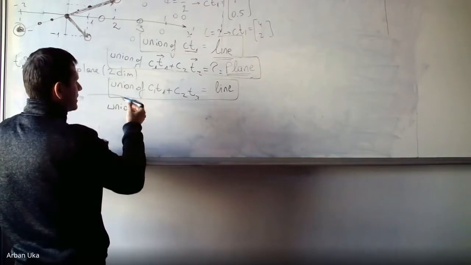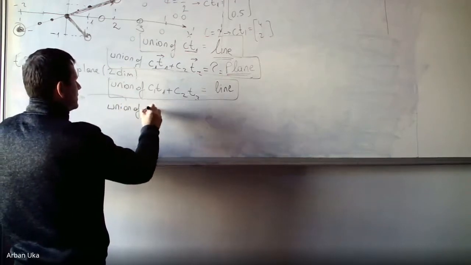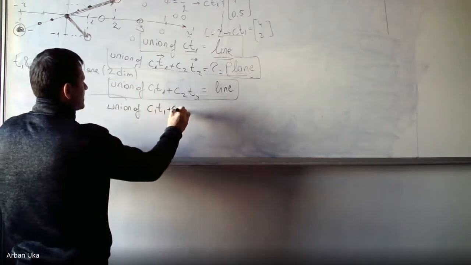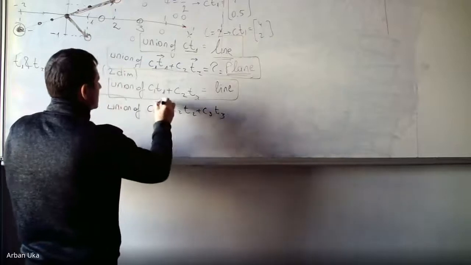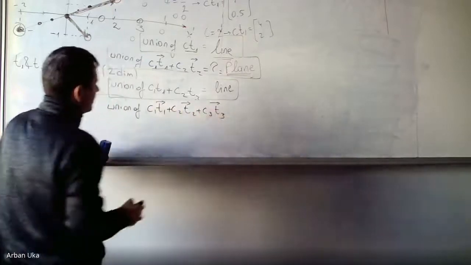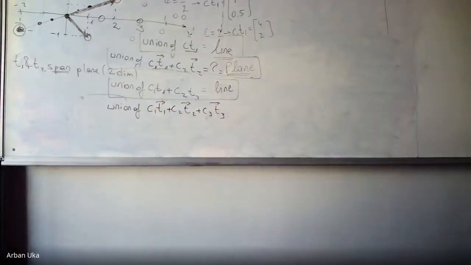Let me write it like this: C1 T1 plus C2 T2 plus C3 T3. These are 3 vectors here. So what is the union of all of these 3 vectors?